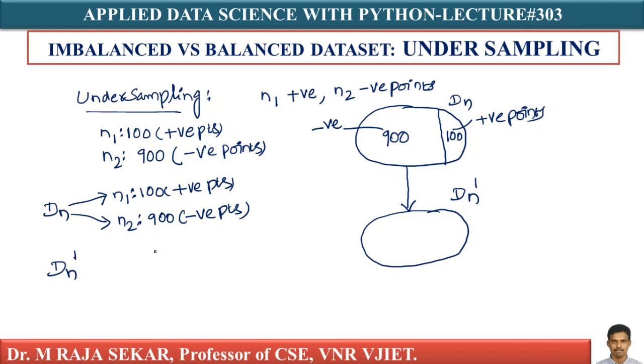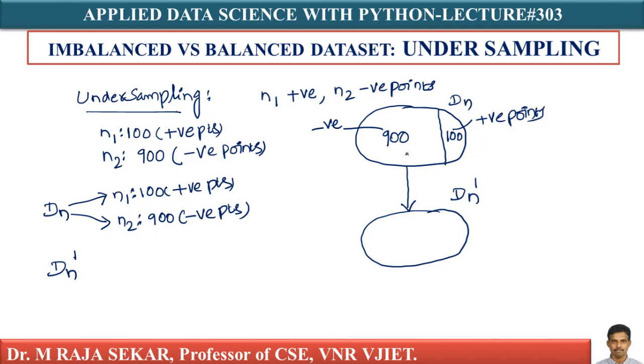Which is the non-dominating class? The positive class. Positive class means 100 points. Negative class means 900 points. In Dn, which one is the non-dominating class? Positive class. How many points are there in the non-dominating class? 100 points, isn't it?